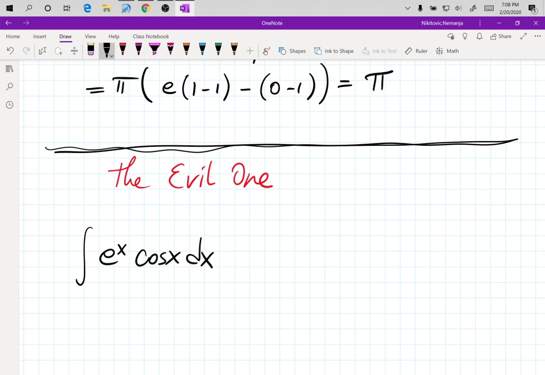Which one do I pick here as u, so it goes away with differentiation? And the answer is neither of them, right? What is the 100th derivative of e to the x? E to the x. And what is cosine going to do? It's going to flop between sine and cosine and then have that minus show up and disappear and show up and disappear.